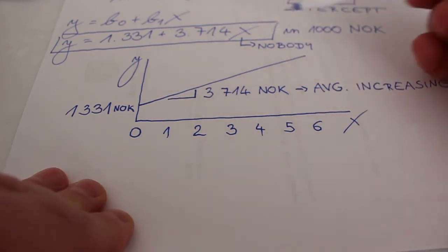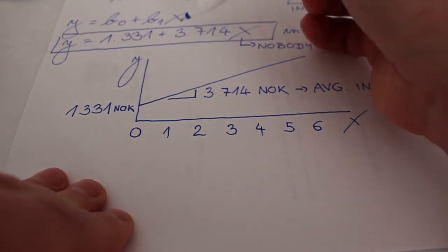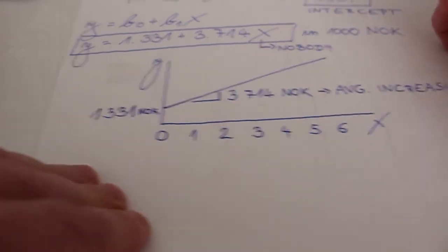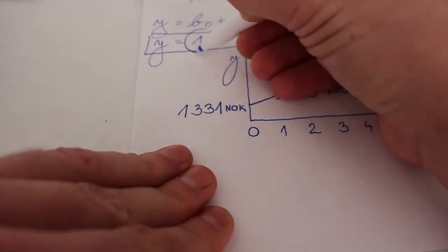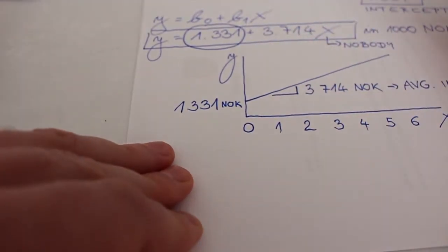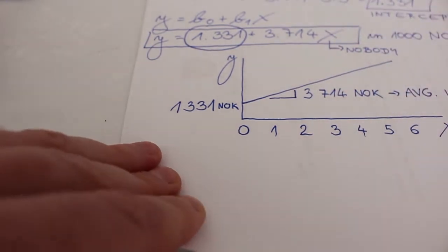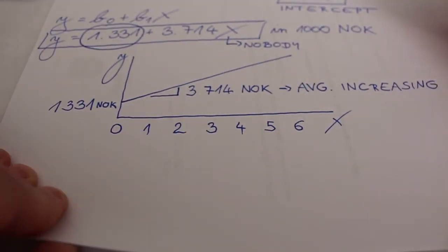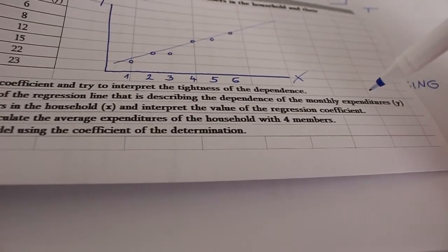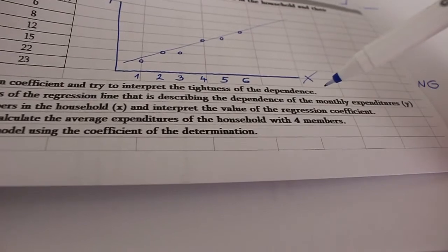Another person in the household, another 3,714 Norwegian crowns, etc. So the intercept is autonomous expenditure, which must be paid even if the house is empty, and the slope is the average increase with every other person in the house. So this is the interpretation of our coefficients, both of the two coefficients. There was written coefficient, but we have two, intercept and slope.